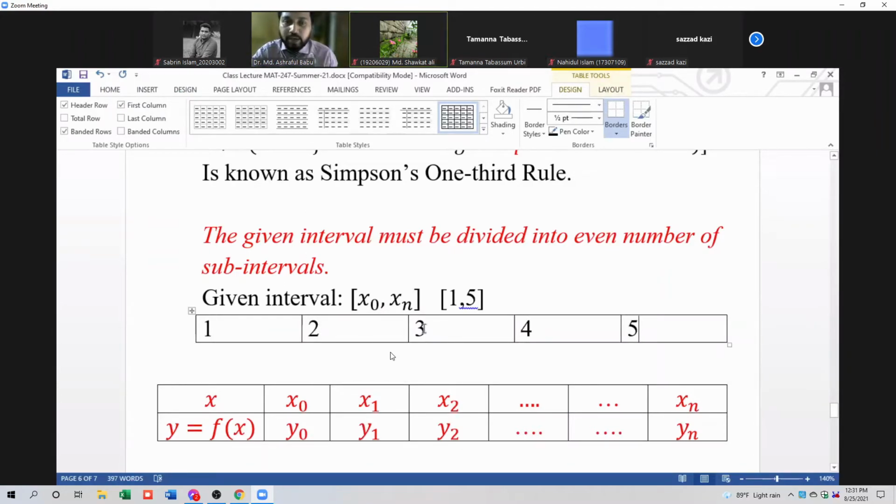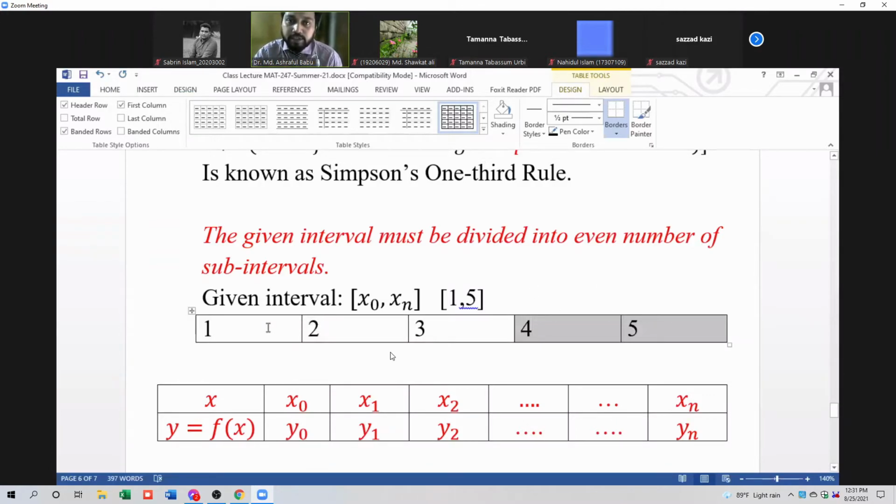Now how many intervals are in here? There is one interval, two intervals, three intervals, and 4 to 5 is the fourth interval. That means even intervals. You understand?